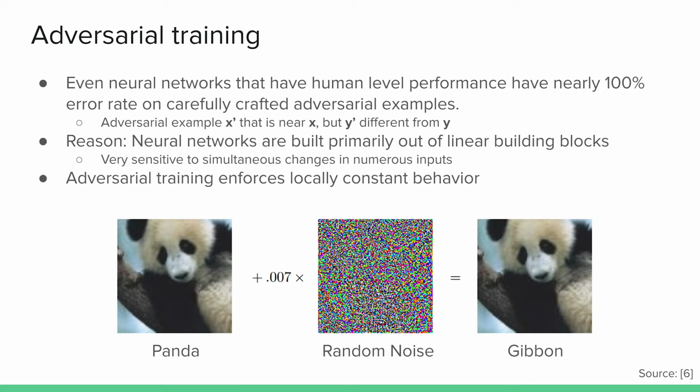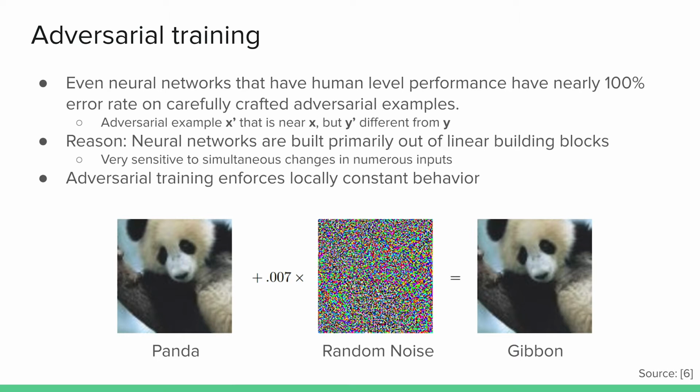So this example that you can see at the bottom here is you have a photo of a panda, and by adding a tiny little bit of random noise to the entire image, we get something that looks completely equal to the human eye. However, the network now says this is a gibbon, which it clearly is not.